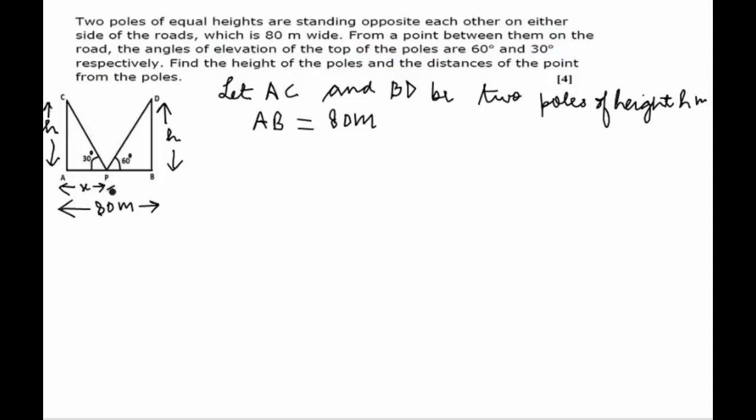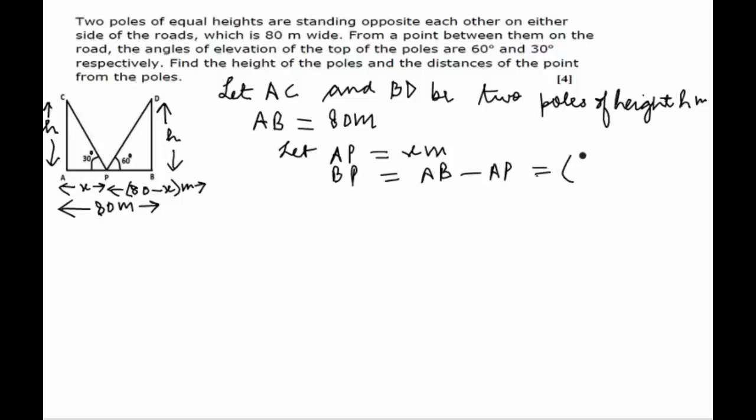So PB would automatically become equal to AB minus AP, and hence 80 minus x meters. Now we have to find out the value of x as well as h.